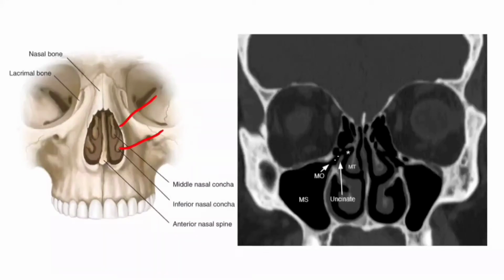Here is in the coronal CT cut, there is inferior meatus and middle meatus, where the opening of maxillary sinus opens. Notice the high location of the ostium of maxillary sinus, where it prevents the drainage in case of increased mucosal secretion within the sinus.